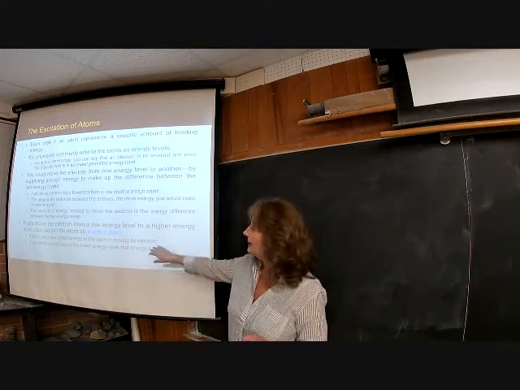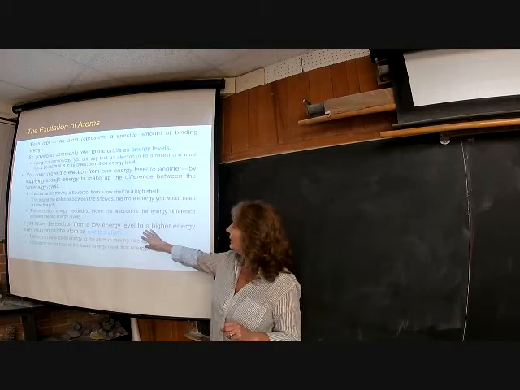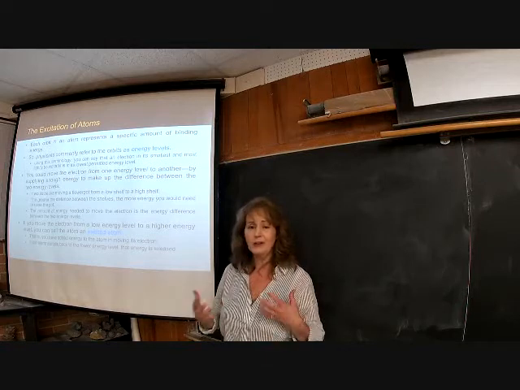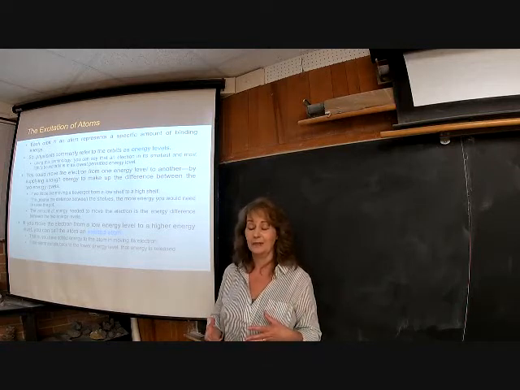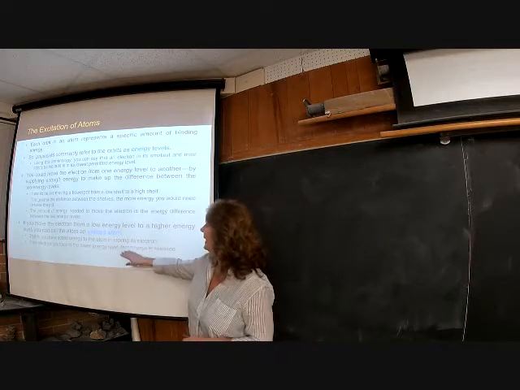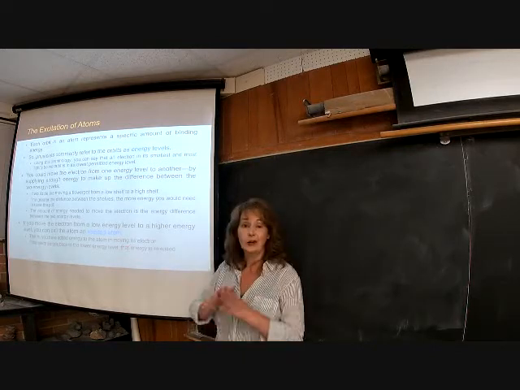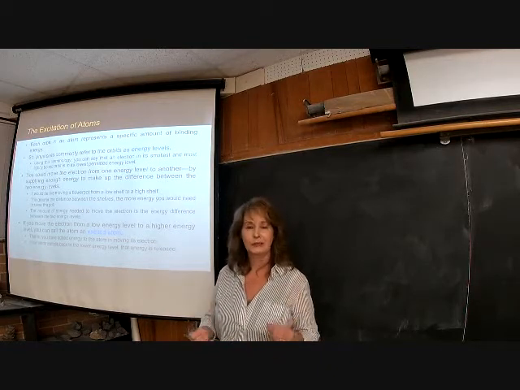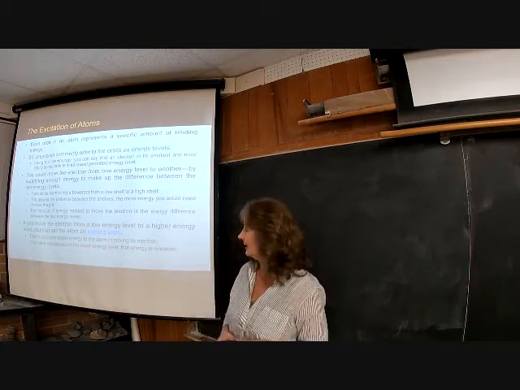Okay, so if you're going to move your electron from a low energy level to a higher energy level, we're going to excite that atom. Okay, that's going to be excited. You've added energy to get that electron bumped up to the next energy level, depending on a discrete amount of energy. Okay.